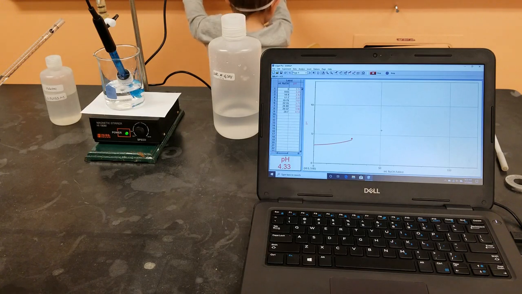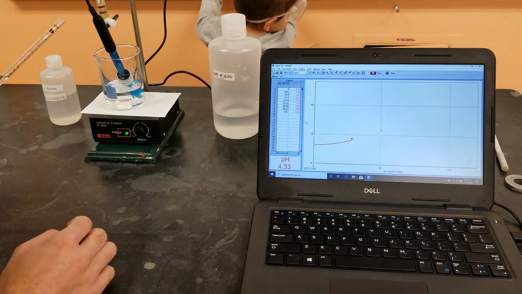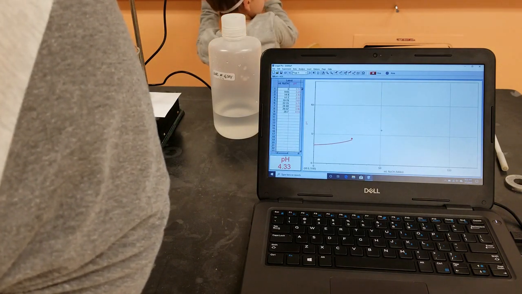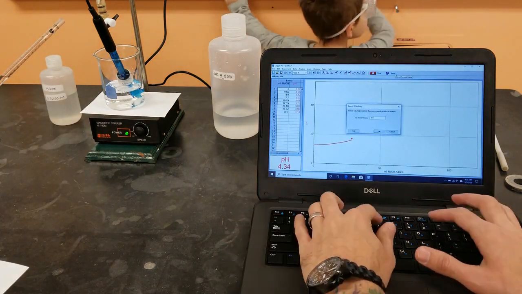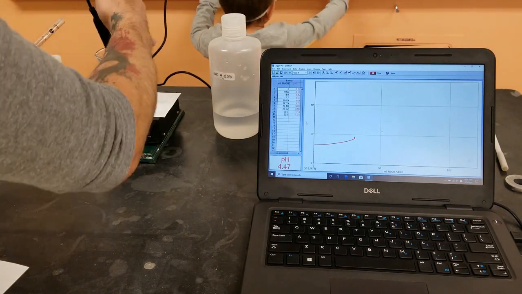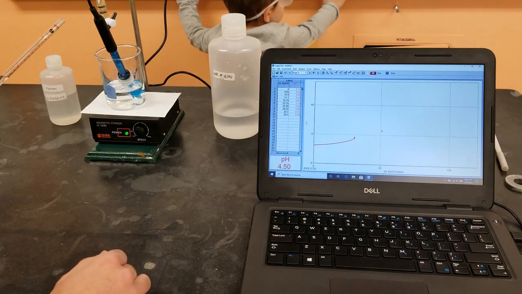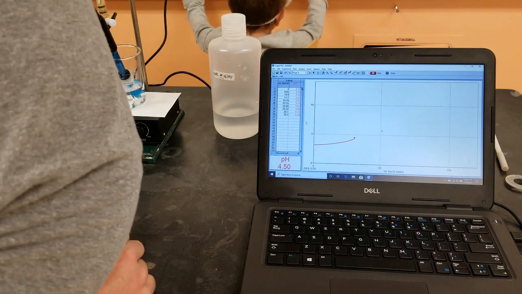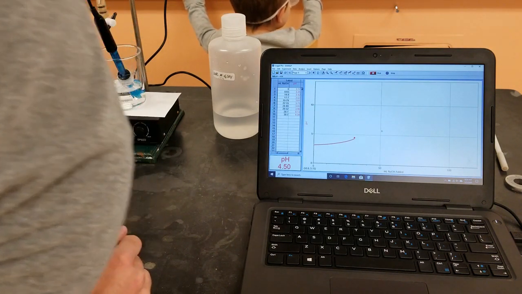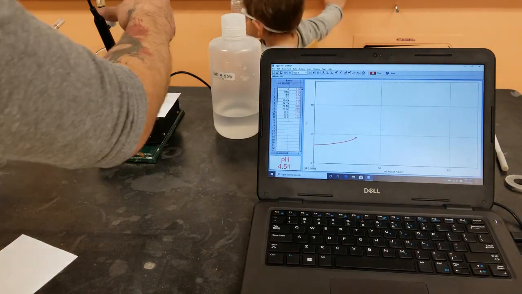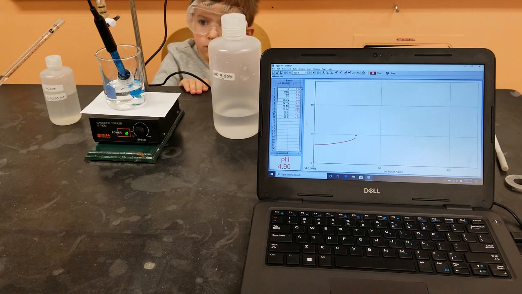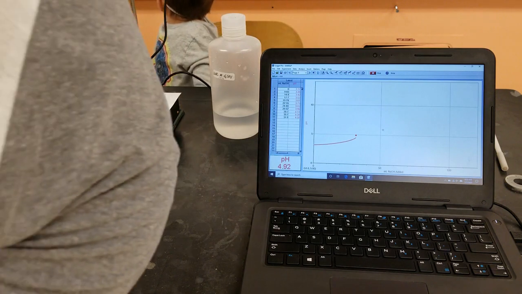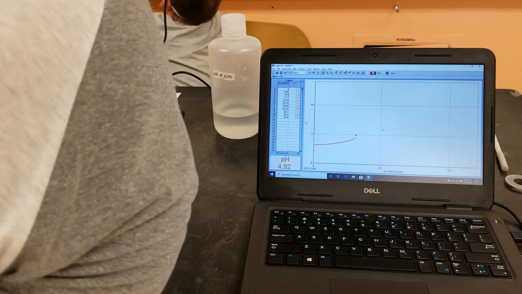We've now got a pH of 4.33, and the volume of base added is 30.70 milliliters. We're now at a pH of 4.50, and milliliters of base added is 31.80 milliliters. We're now at a pH of 4.91, and milliliters of base added is 33.55.